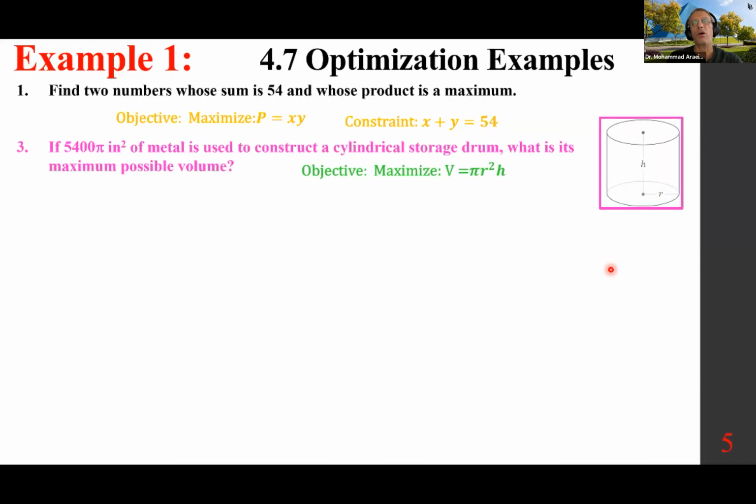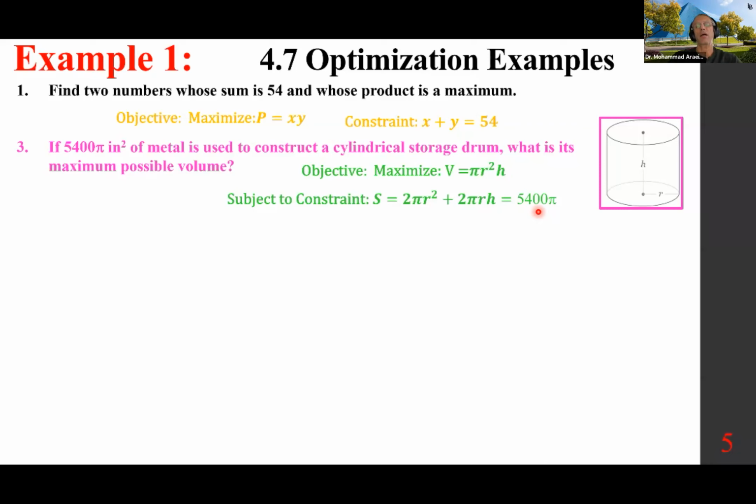Volume is pi r squared h. And we want to maximize the volume, subject to the constraint that we have this much: 2 pi r squared plus 2 pi r h equals 5400 pi. This is the surface area.